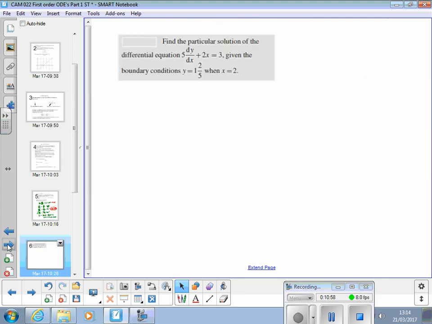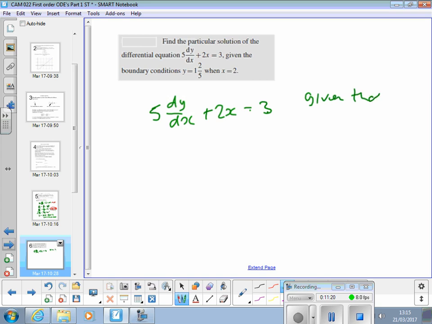So, find a particular solution of the differential equation 5 dy by dx plus 2x equals 3, given that y equals 1 2/5 when x equals 2.